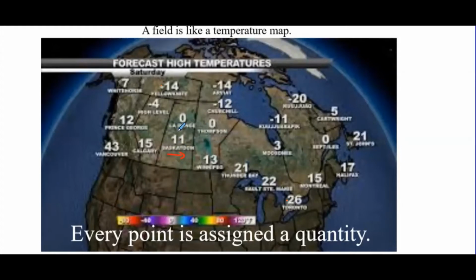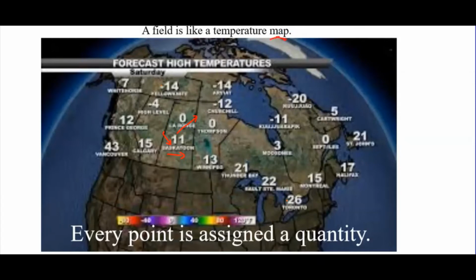And then slightly north of Saskatoon, maybe it's going northeast. If I go to Lloydminster, maybe it's going southeast. So there could be lots of variation as you go across Canada or even down to the States. So that's an example of a wind velocity field, if you want to think of it that way.